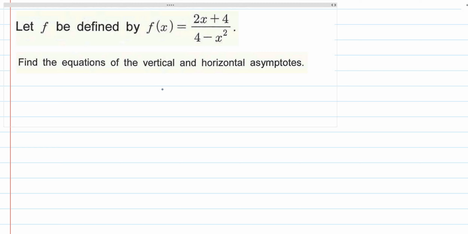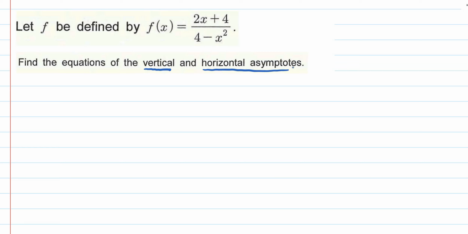Moving on to part B, we have to find the equations of the vertical and the horizontal asymptotes. If we rewrite the original rational function again, I have 2x + 4 divided by, if I change the order of the denominator, negative x squared plus 4. I can look at the powers here.